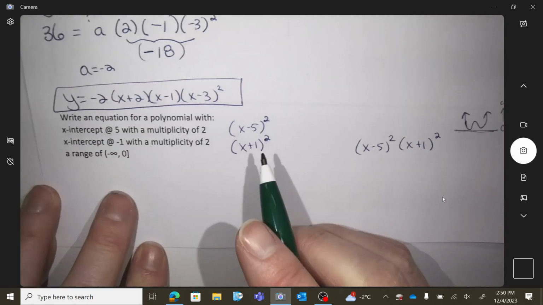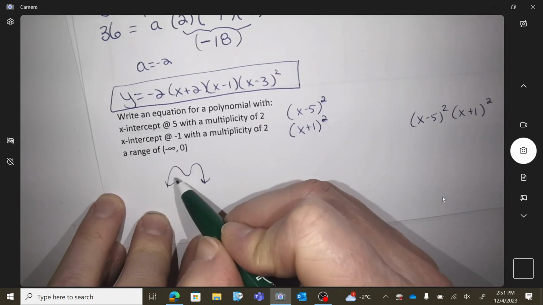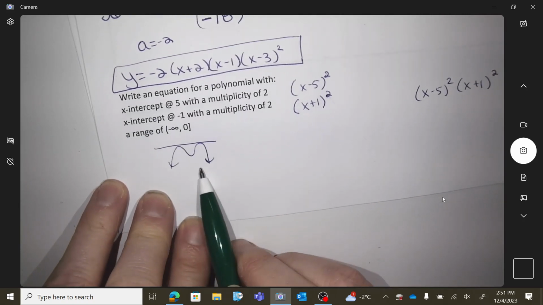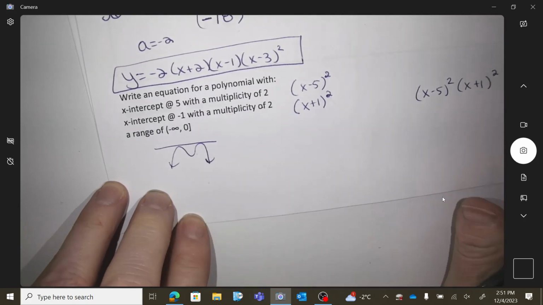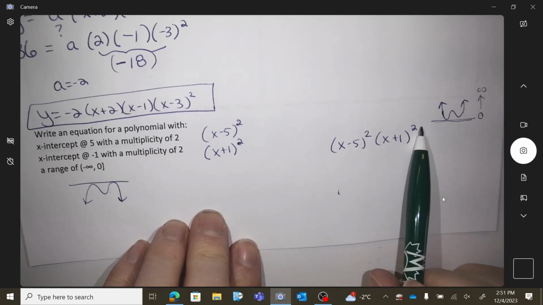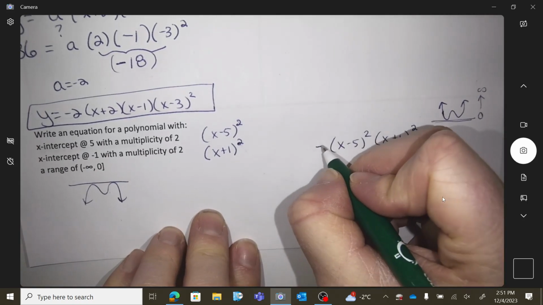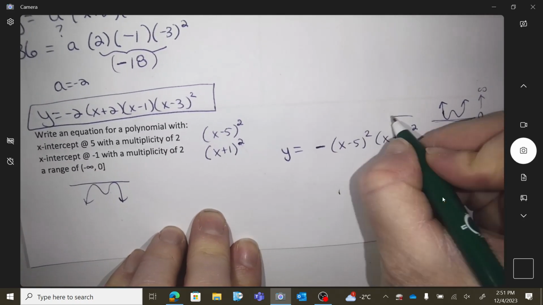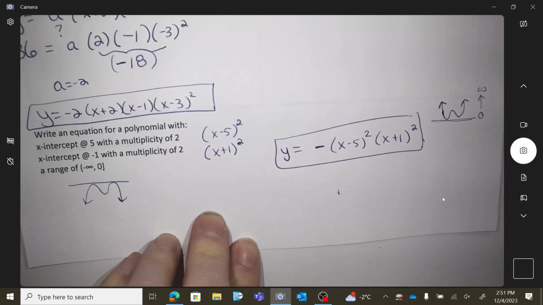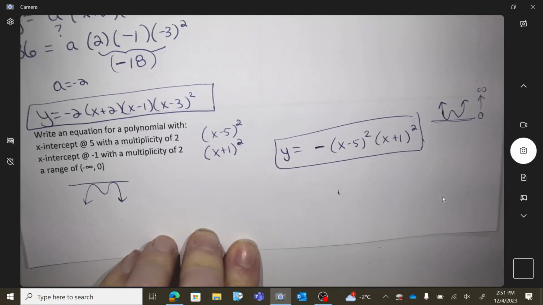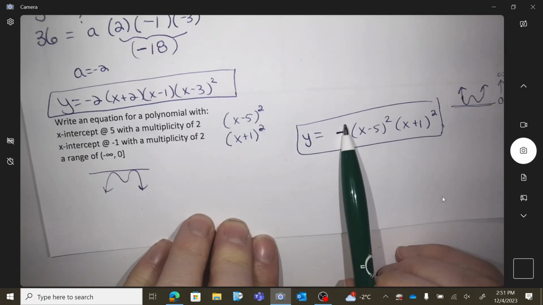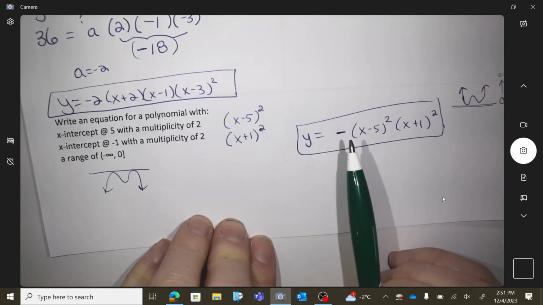So I want a range that's -infinity to 0, right? So what do I need to do? I need to add some kind of negative value there, okay? And since there's no specific numbers, if you had written any negative value, that's acceptable.